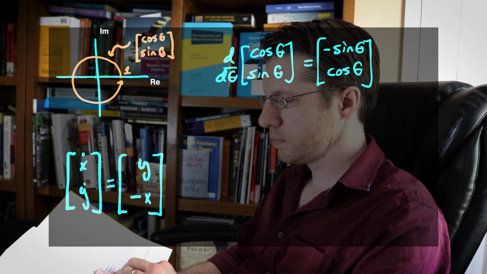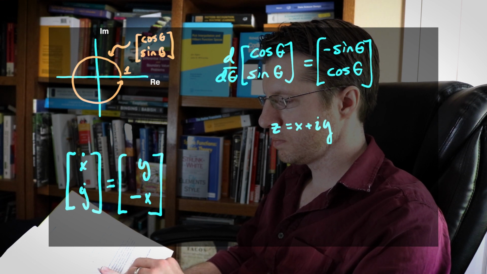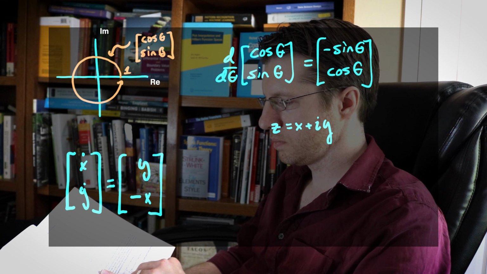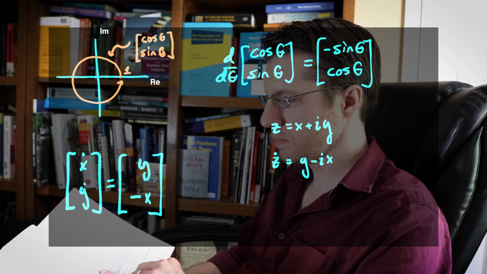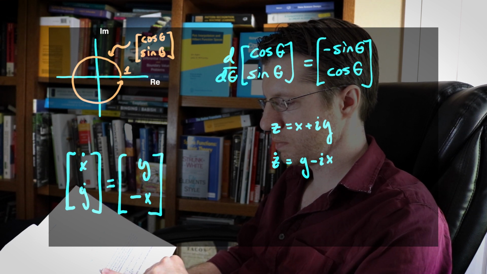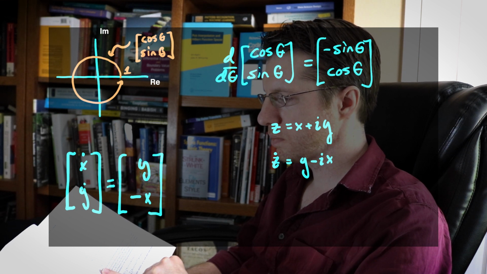In this case, I'm going to be looking at the complex variable z, which is written as x plus iy. If I take the time derivative of z, then the dynamics give me y minus ix. This represents rotation in the complex plane. We are going to move from the continuous time dynamics to discrete time dynamics by fixing a time step.